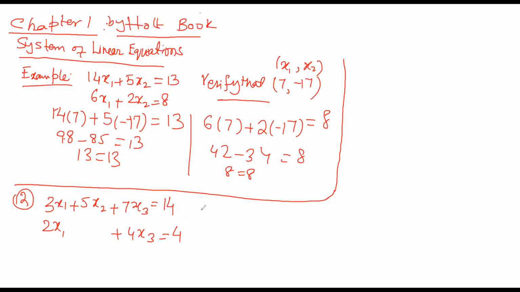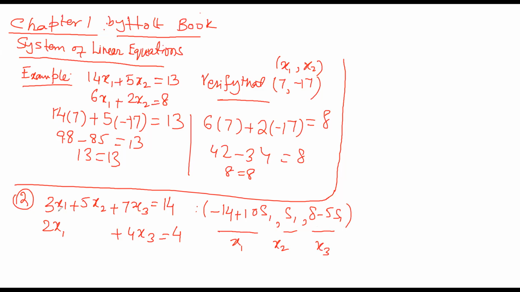And then we have to verify it for this: x1 = minus 14 plus 10 s1, x2 = s1, and x3 = 8 minus 5 s1. So we want to verify that this is the solution. So this will be x1, this will be x2, this will be x3.